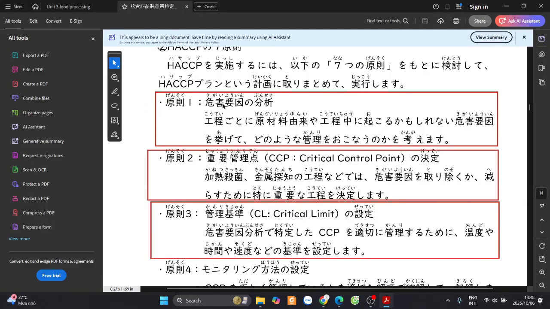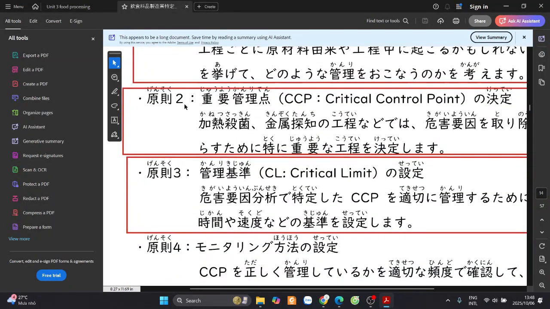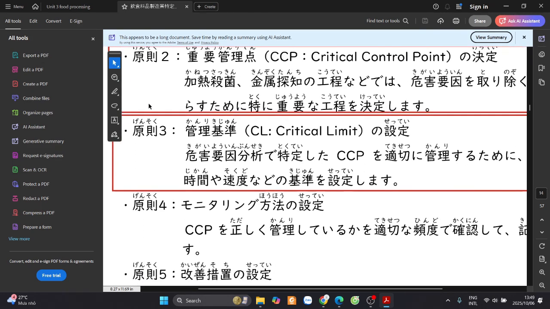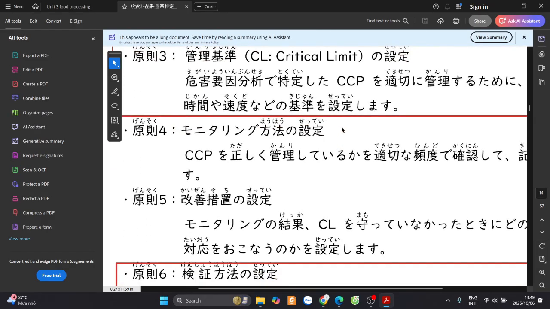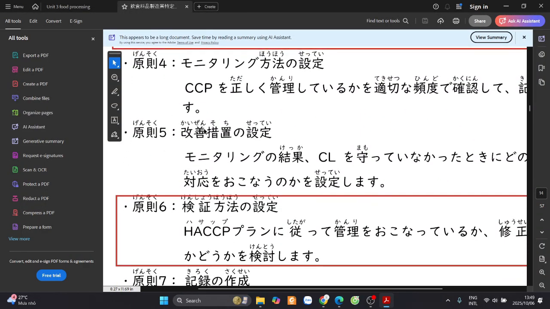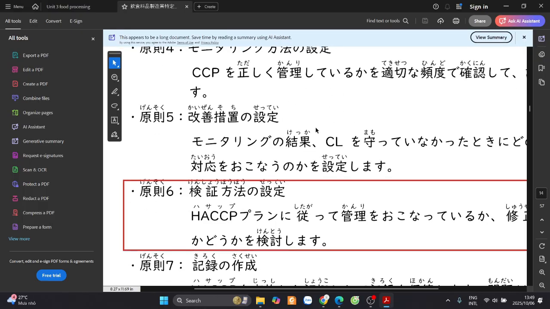The first is hazard analysis, analysis of the harmful matter. 原則 number 2 is 重要管理点の設定, setting the critical control point. 原則3, 管理基準を設定, setting a critical limit. 原則 number 4 is モニタリング方法を設定, so setting the monitoring. 原則 number 5 is 改善措置を設定, setting how to improve the process for manufacturing.